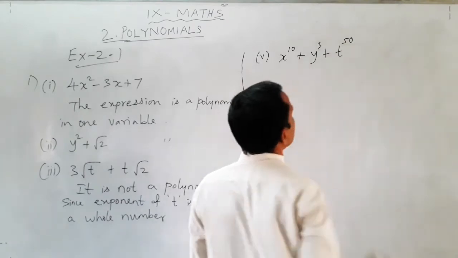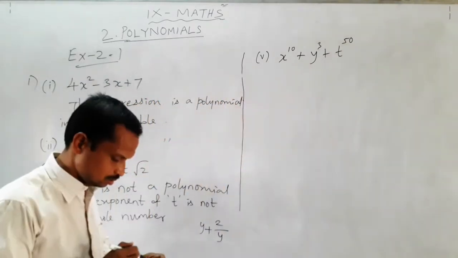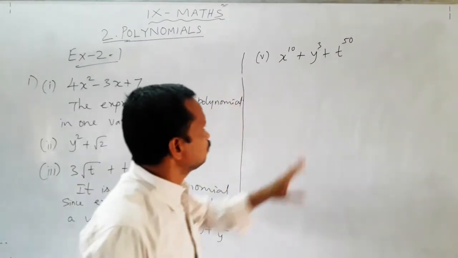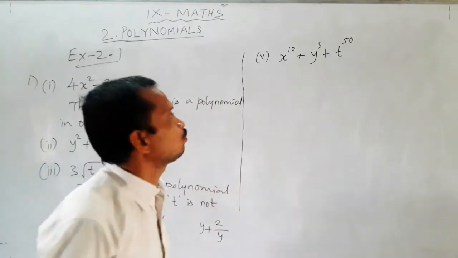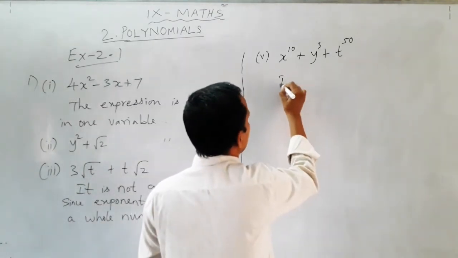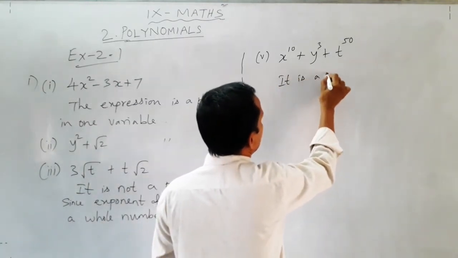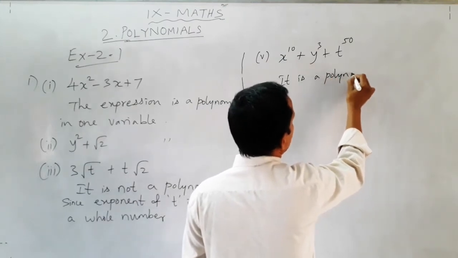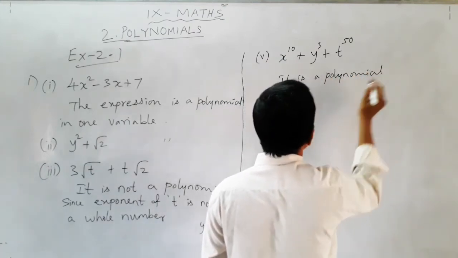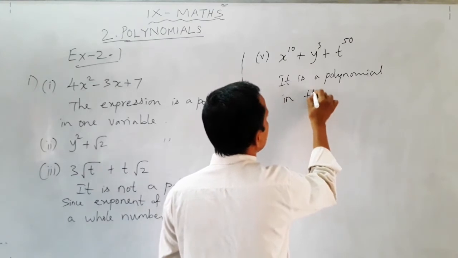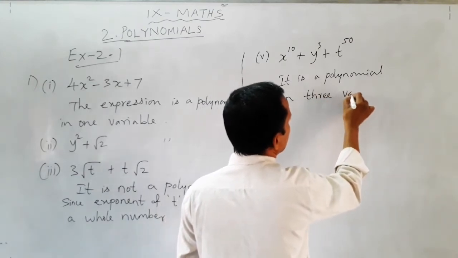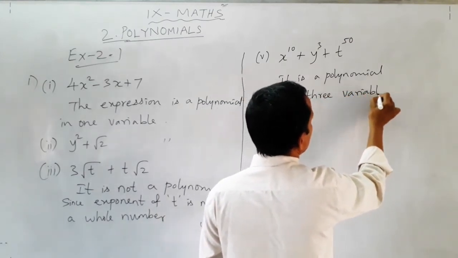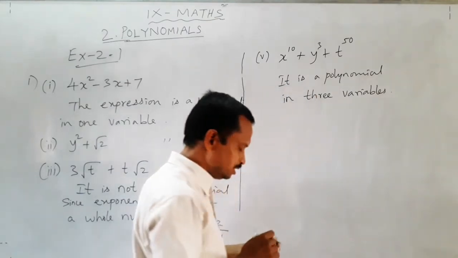Either the power is more, but it is a polynomial, but not in one variable. It is a polynomial in 3 variables, not in one variable. Clear? x, y, t are 3 variables.